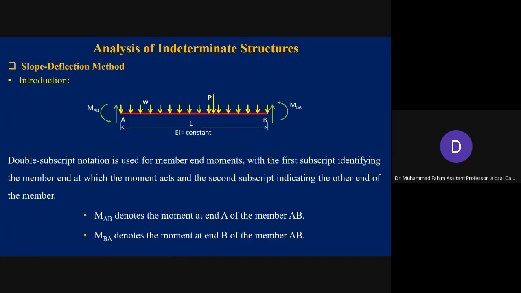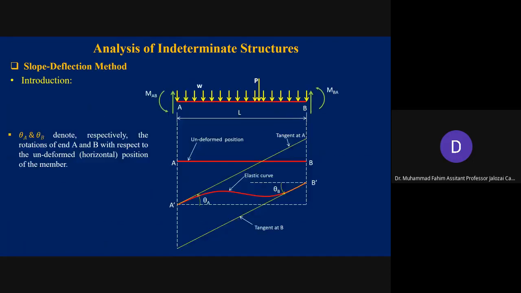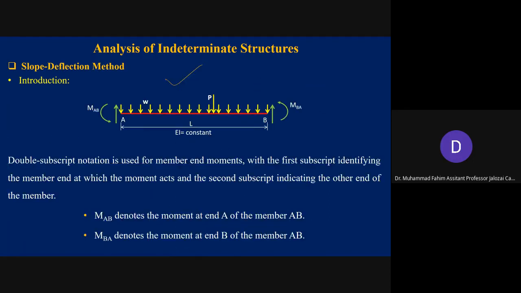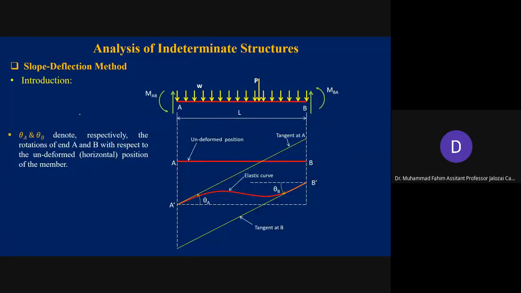So this is the generic span. We will assume one of these actions at a time and try to see what happens with the beam when exposed to that action. So MAB, MBA, these are the end moments. Theta A and theta B denote respectively the rotations of end A and end B with respect to the undeformed horizontal position of the member.